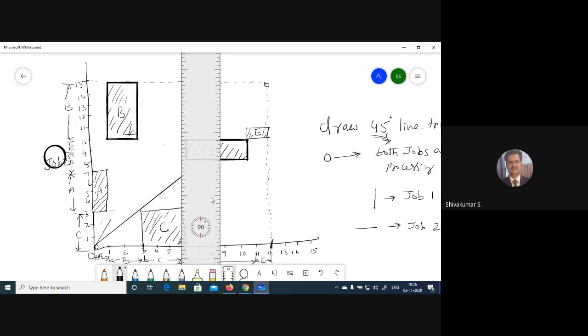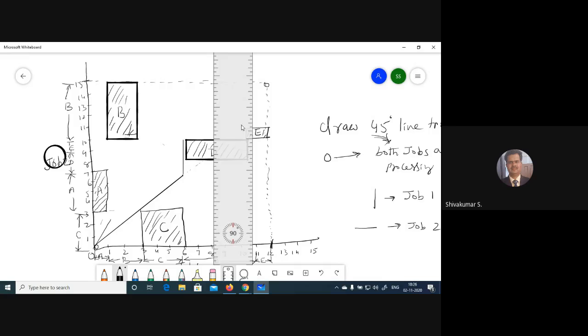So I'm going to draw a line like this. From here, I'm going to draw a line up to here, and then I'm going to draw a line here. This point is supposed to meet here. In fact, these two meet, as per the graph.